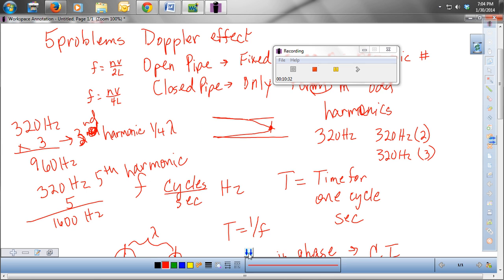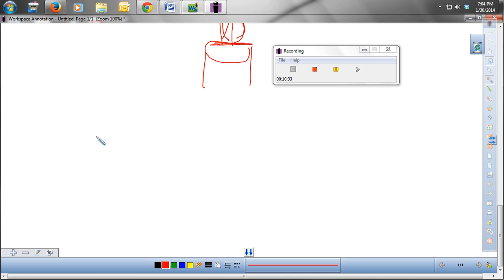It's also possible that I would give you some harmonics. Maybe I would give you 225, and I would call that the fundamental. And I would say that the pipe is known to vibrate at 675 and then again at 1125.